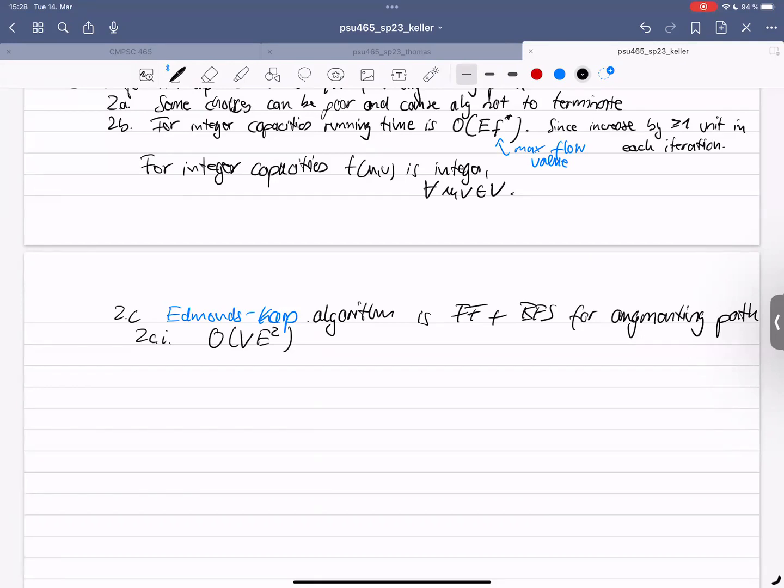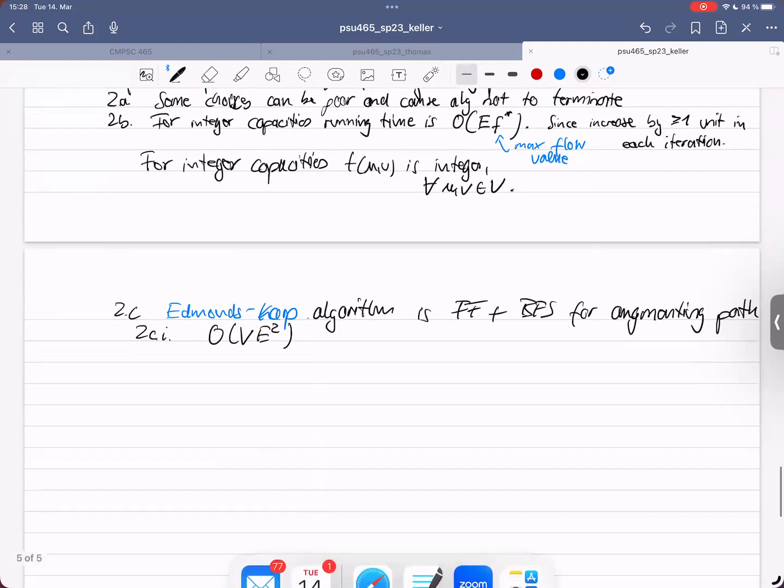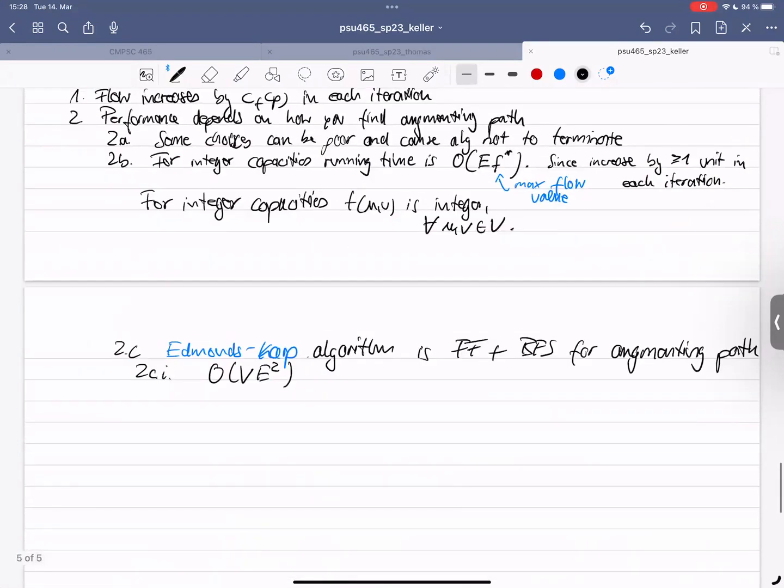The way you show this is by bounding the number of times each edge can be the so-called critical edge, meaning the edge with the minimum capacity on an augmenting path. But we're not going to show this. So this is what you can see in the Cormen book, if you're interested, on page 727.